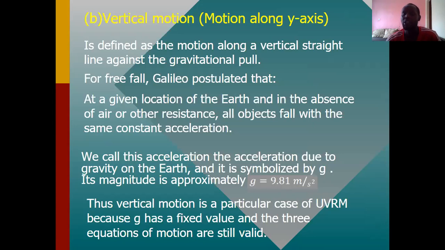This acceleration is called acceleration due to gravity, which has a value of 9.81 meters per second squared. Thus, vertical motion is a particular case of uniformly varied rectilinear motion because g has a fixed value, and the 3 equations of motion are still valid.